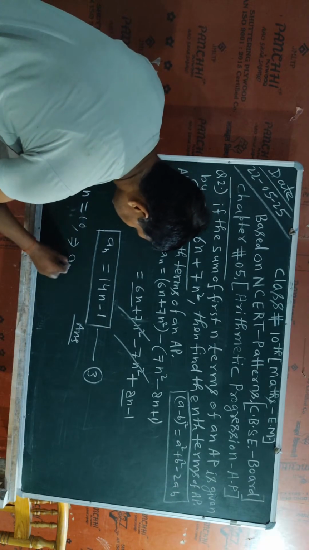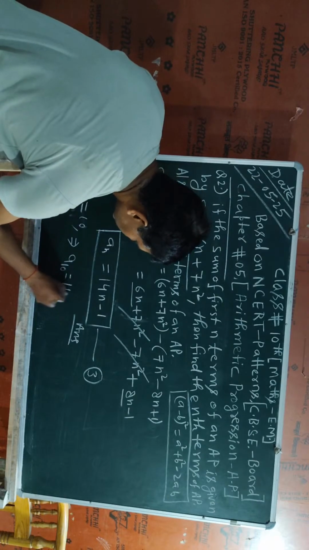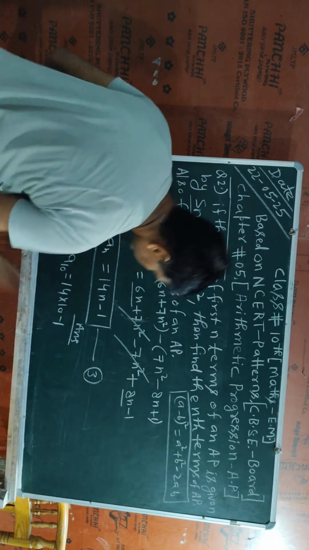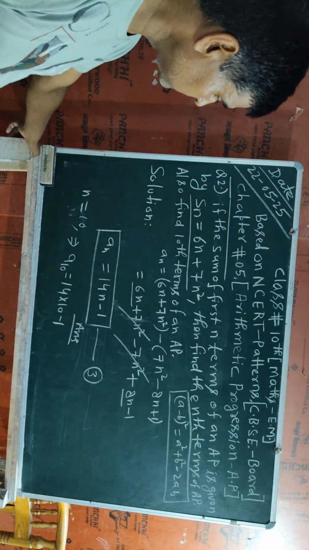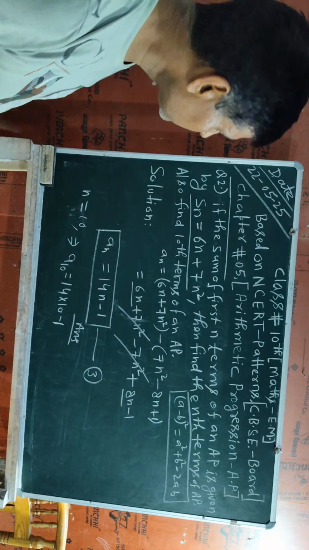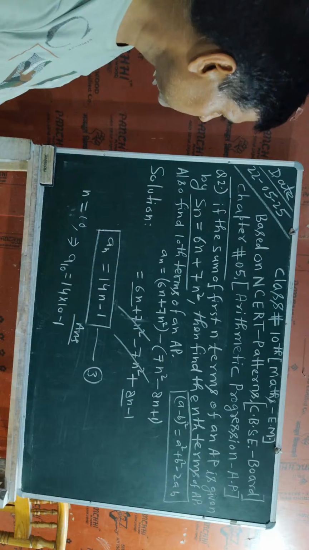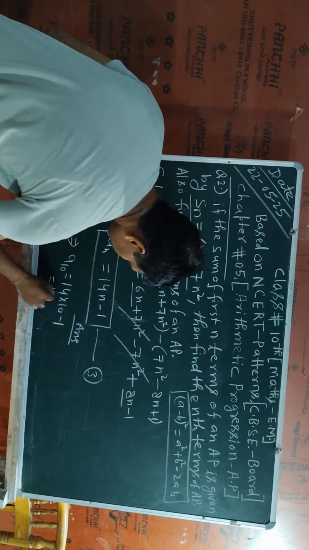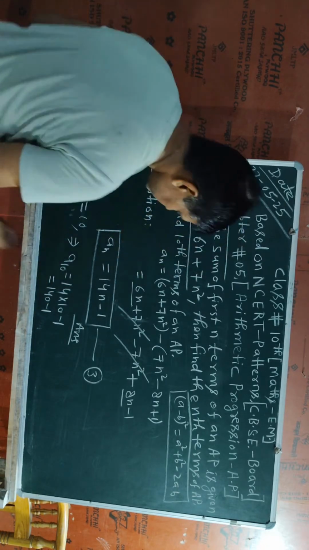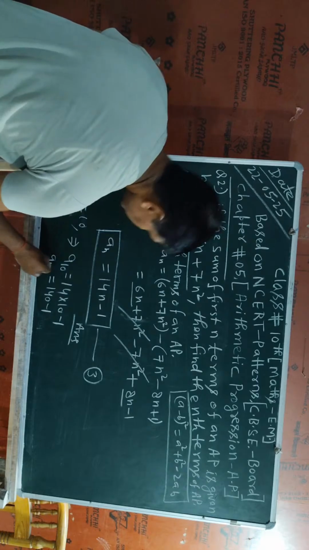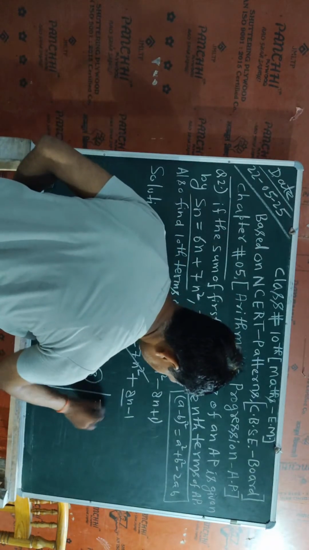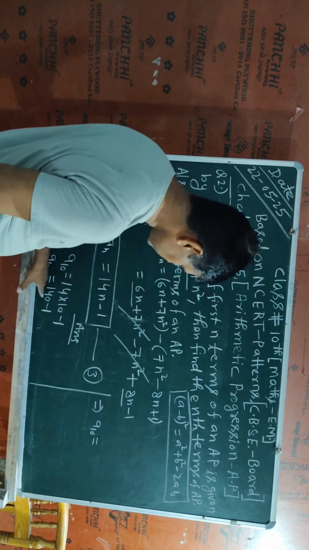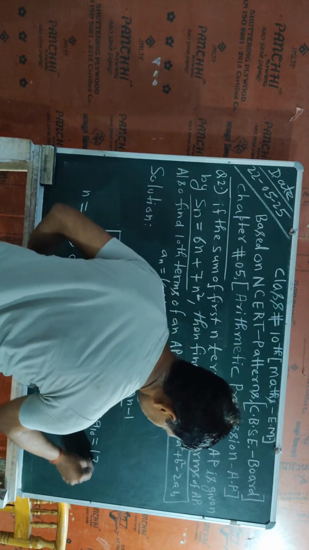So a10 is equal to 14 into 10 minus 1. I will simplify. So here I will say 140 minus 1, that will be 139.